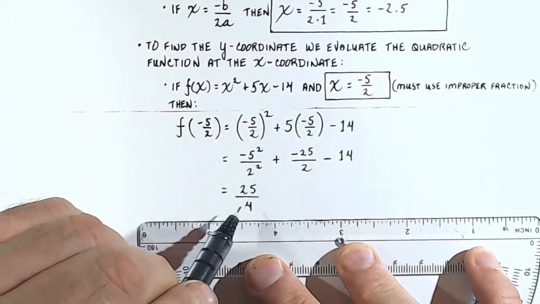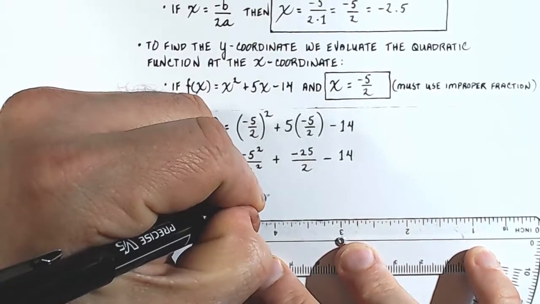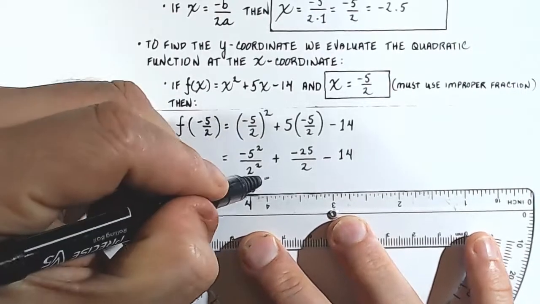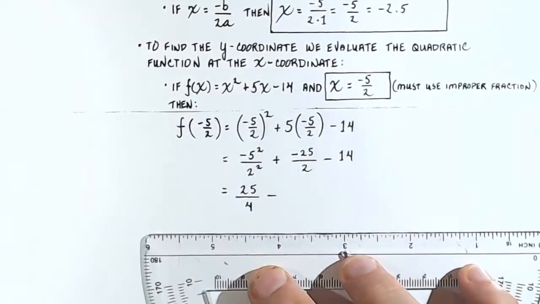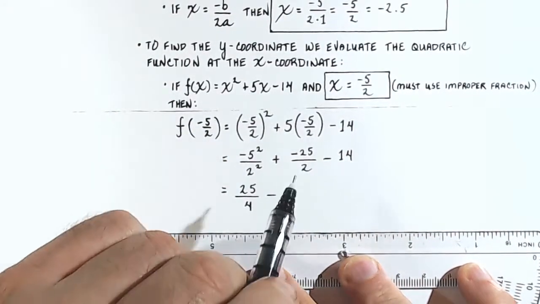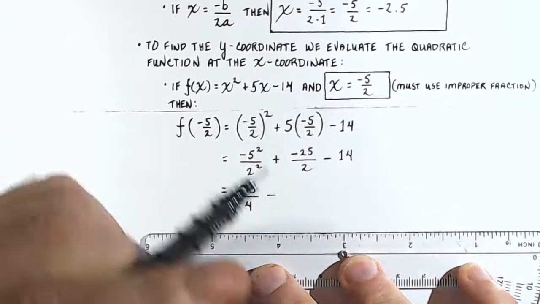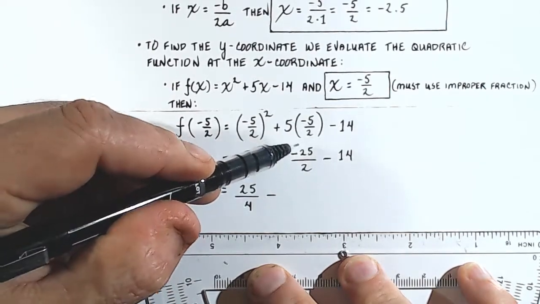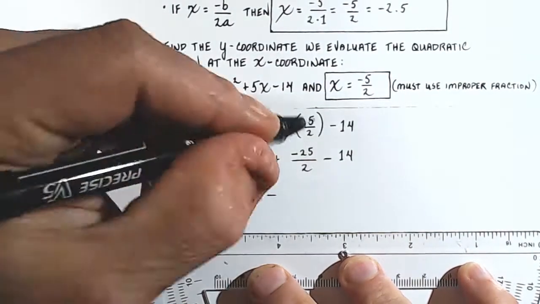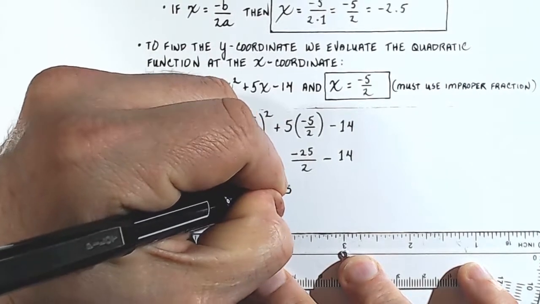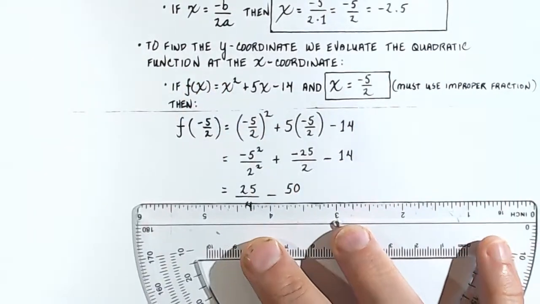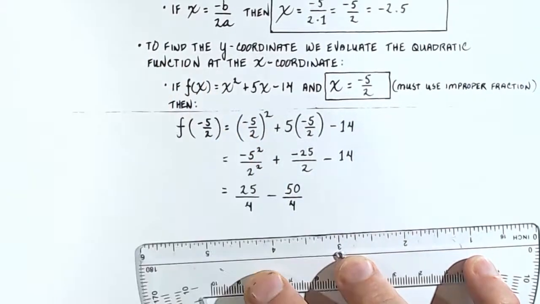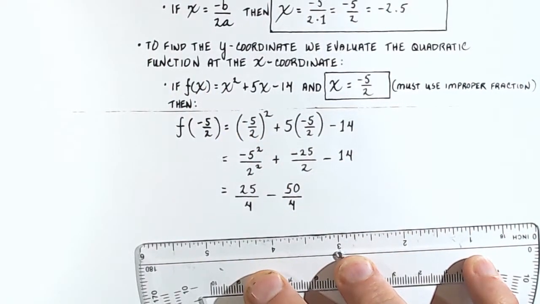Okay, so 25 over 4, and then I can get rid of this plus minus battle here and say minus. And now it would be advantageous to put 25 over 2 in terms of a denominator of 4. So I just need to multiply numerator and denominator by 2 to scale that up. So that would be minus 50 over 4. Okay. So 25 over 2 scales up to 50 over 4, same thing.